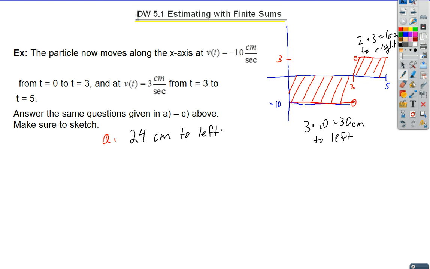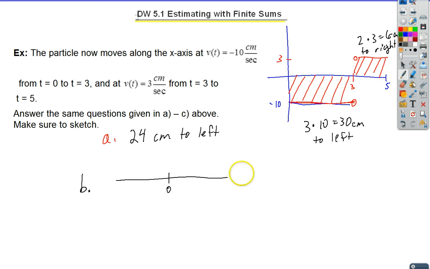For part B, it asks, if I start at 0, what's my new position?